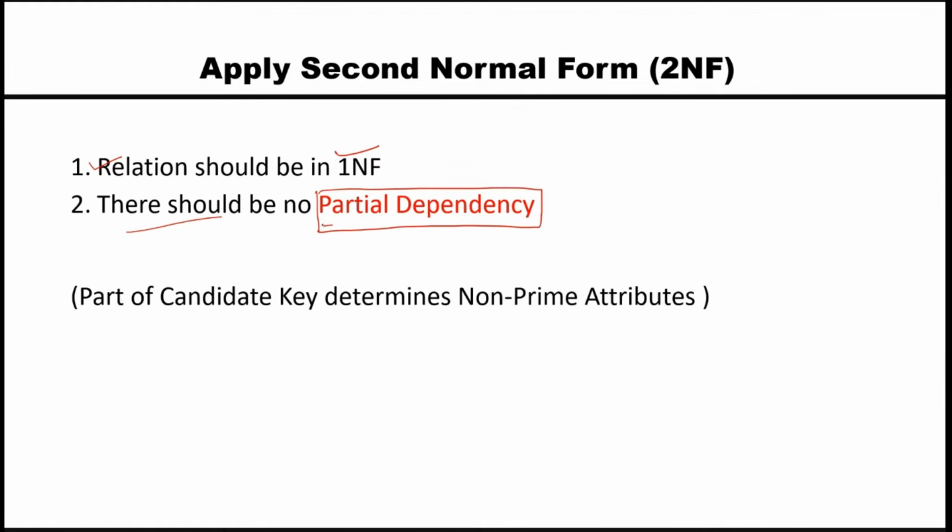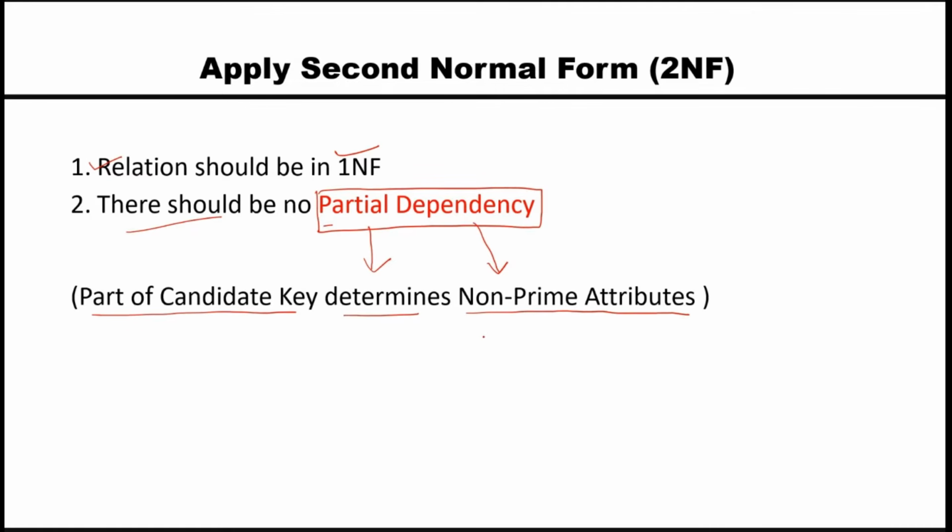So now our task, students, is to understand what a partial dependency is. Partial dependency says that part of a candidate key determines non-prime attributes. Again, if you try to understand one term, another term will come.